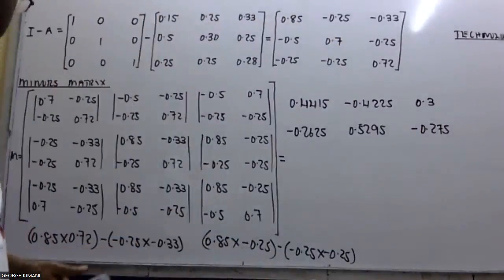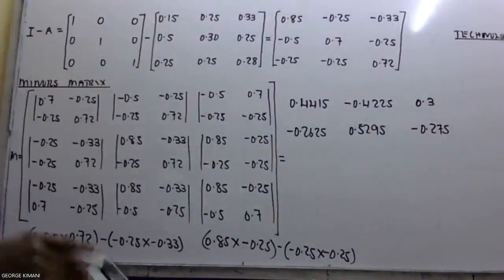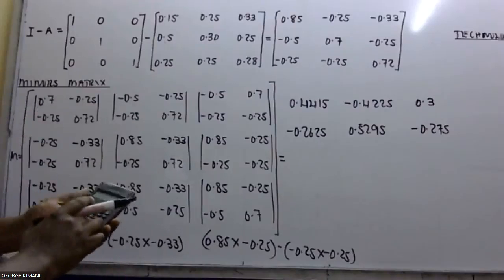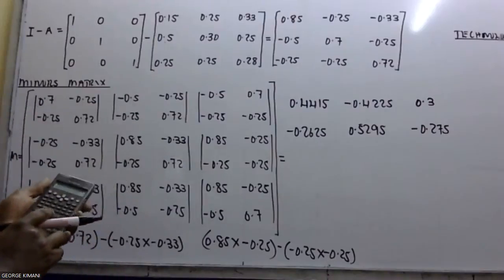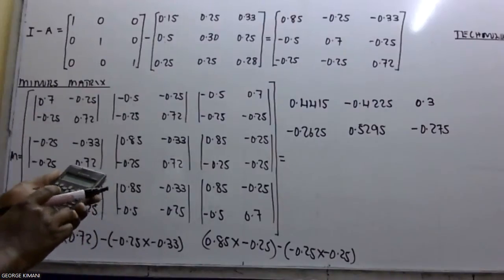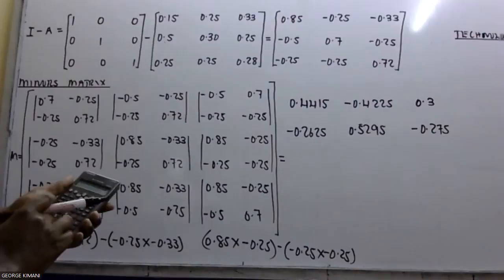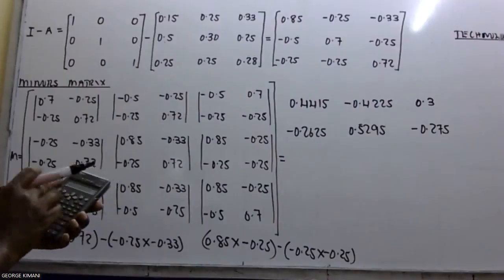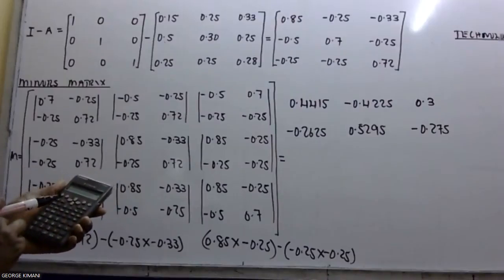Now come to the last one. Open the brackets, minus 0.25 times minus 0.25, close the brackets.